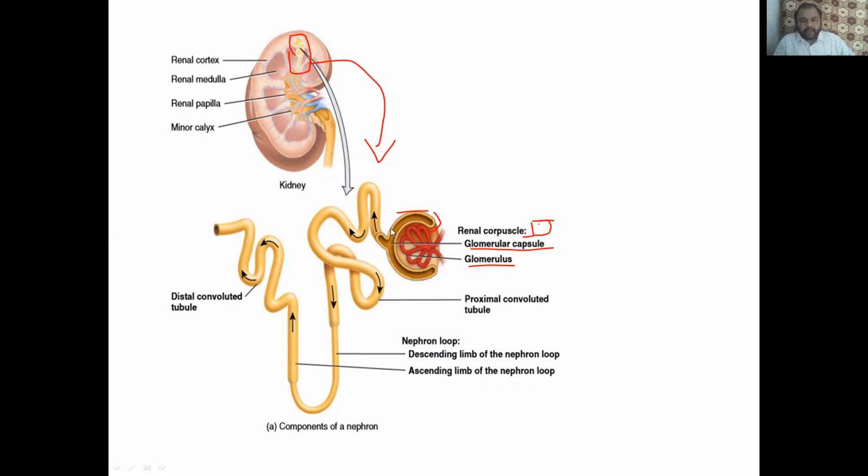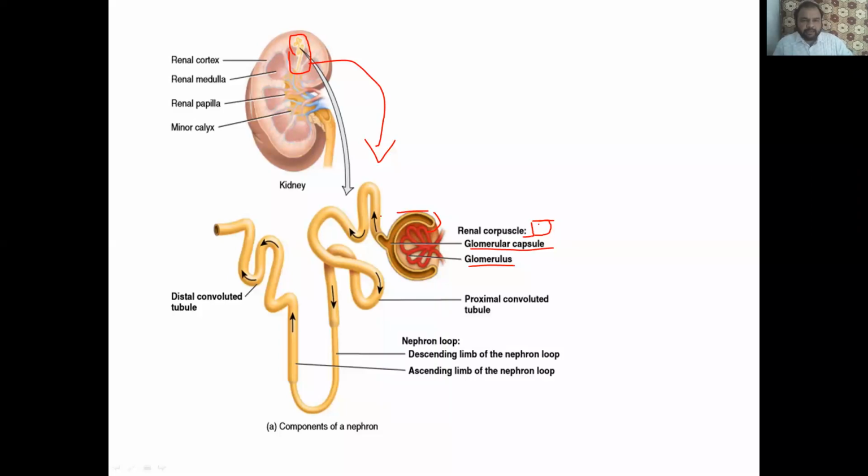Between these two layers is a space, and that is called the capsular space. This space is continuous with the lumen of the tubular portion also. That we will talk about later on.